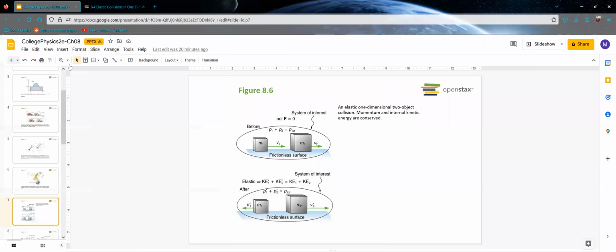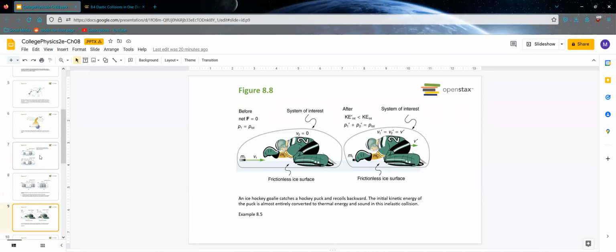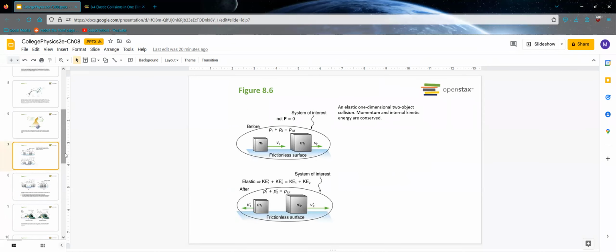So let's do, I think 8.4 is my example I chose. Let me check. 8.5 is the example I chose. Okay, cool. Take a look at these before and afters. We notice that if M1 and M2 are moving and they have a mass and a velocity, M1 V1, M2 V2, they therefore have a momentum. So I can calculate the total momentum of this system by figuring out the masses and the velocities, right? So I have a total momentum at the start.